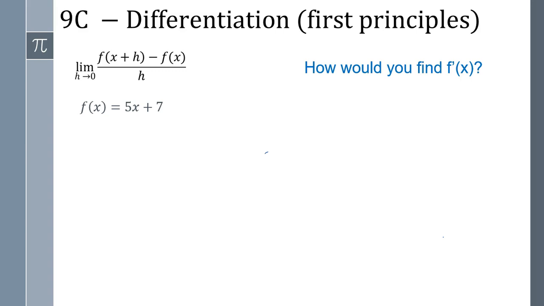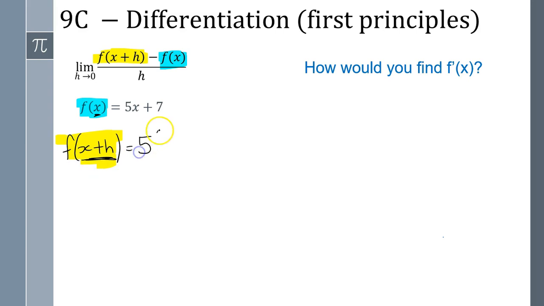So we've got a couple of things to find. We've already got f of x there. What we need to find is f of x plus h. So what was originally x is going to be swapped to be x plus h.